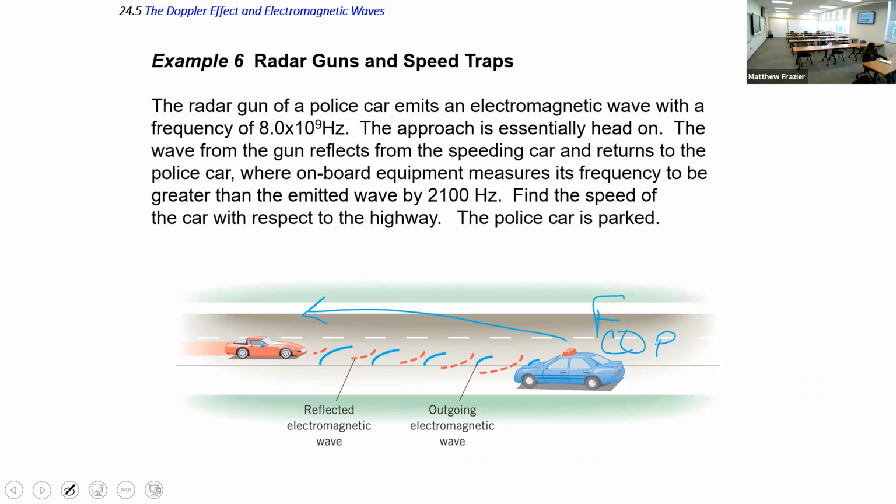Then you and your radar detector are going to measure a shift, which I'll call S1, and it is getting, because it's head on here, so it's going to be positive.